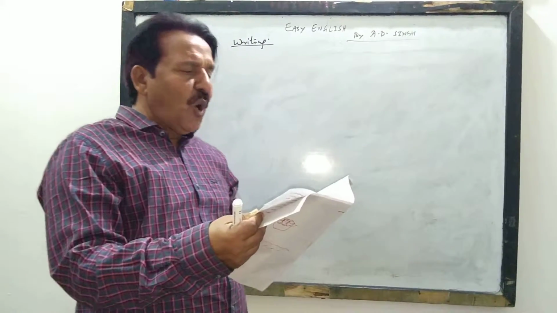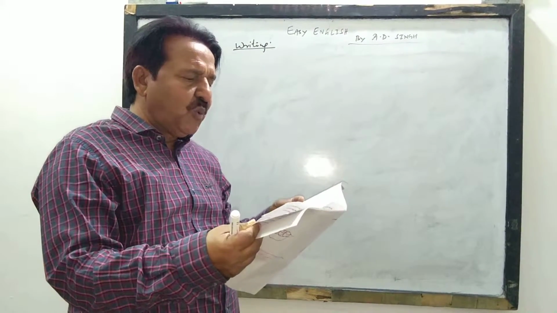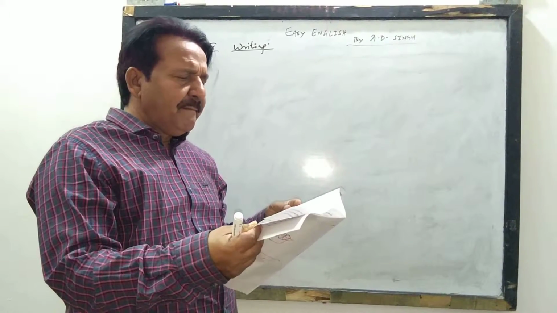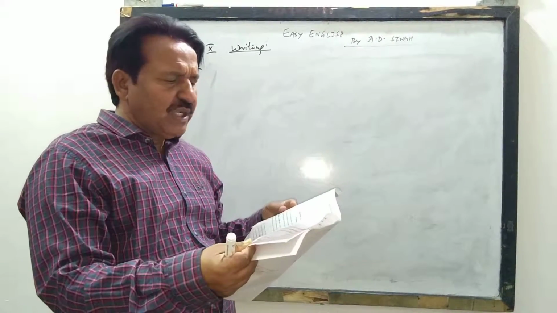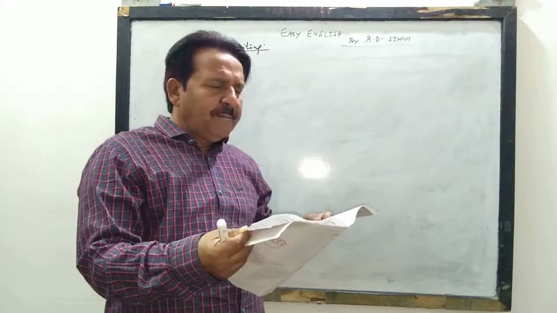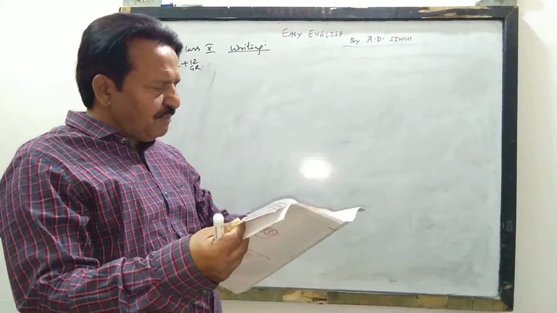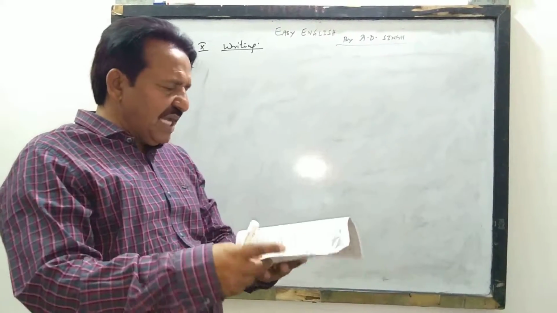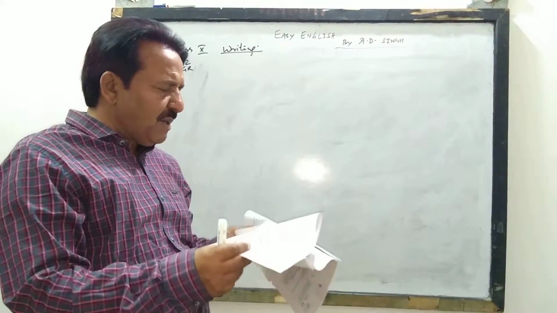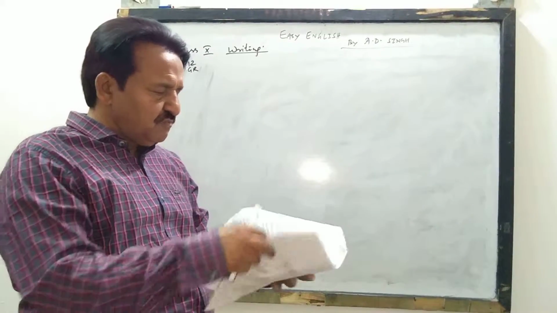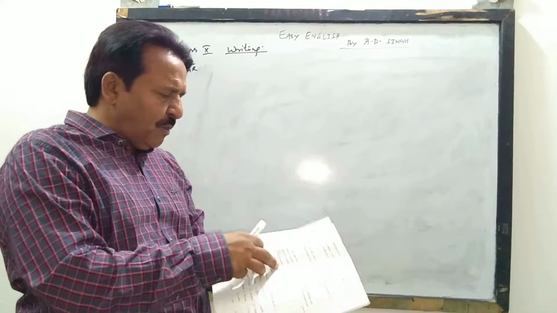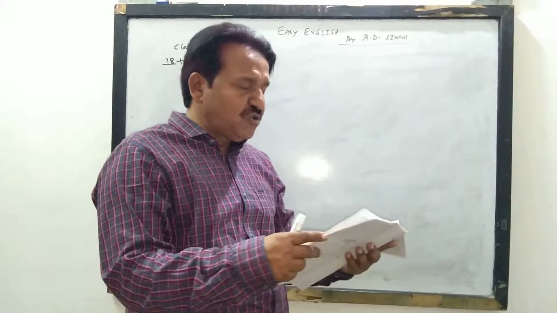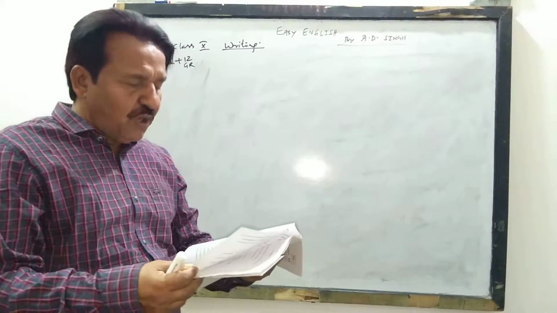And in the or section, question number 4 or, there is again a story writing. Question 3 is of 8 marks, that is the letter to the editor, and question 4 is of 10 marks.